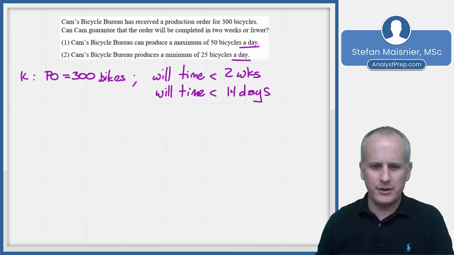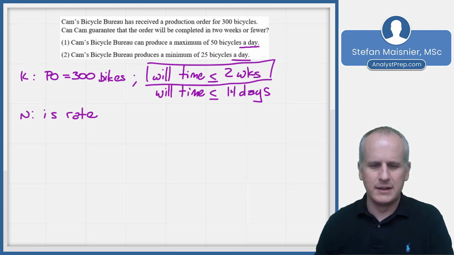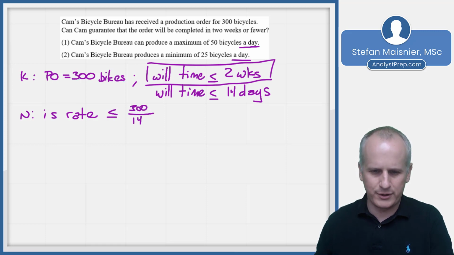And now that we know that the production order is 300 bicycles, in order to determine whether it will be done in 14 days or fewer, so less than or equal to, technically, what we need is the rate. And of course, this is boxing off what we're being asked for. Is the rate going to be greater than or equal to 300 divided by 14?